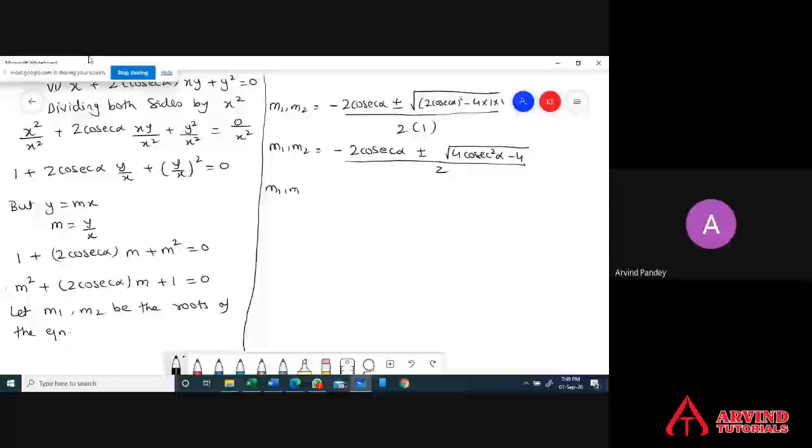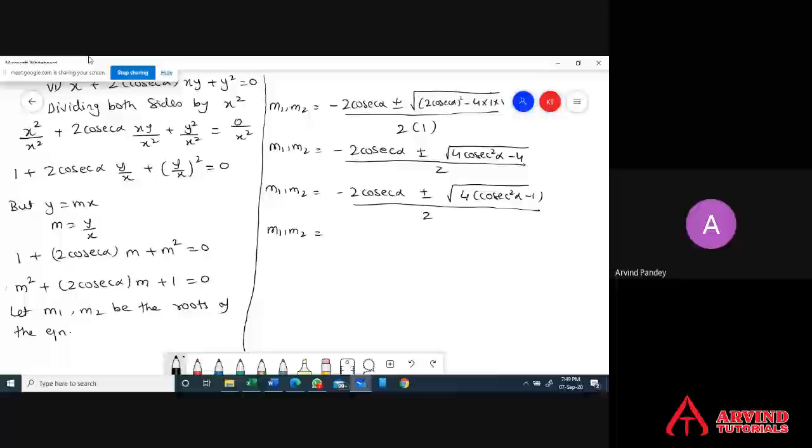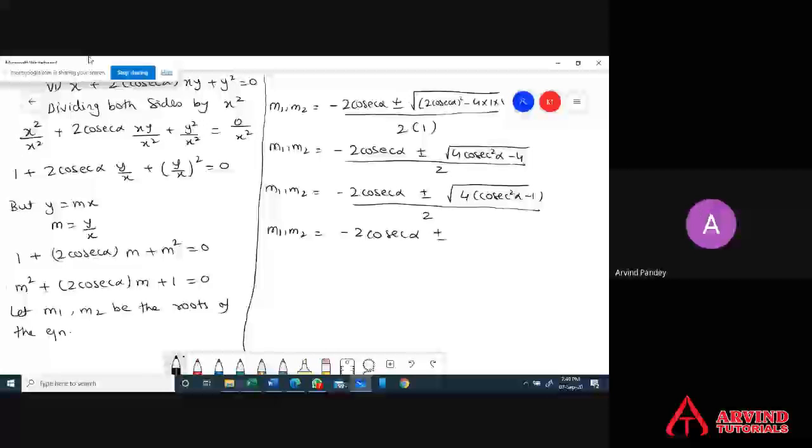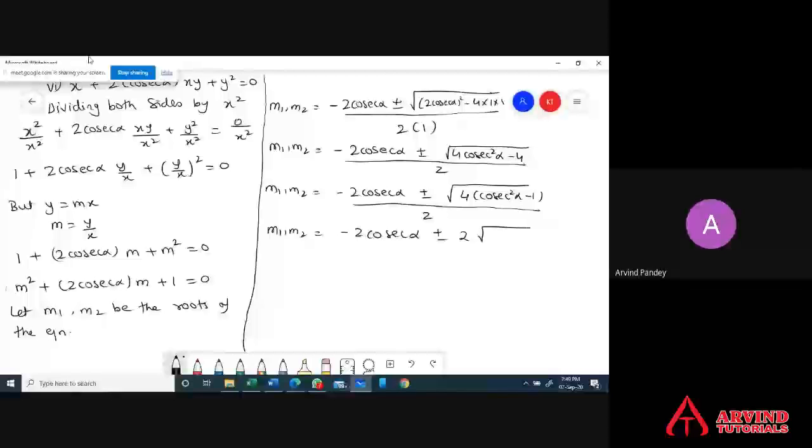So your m1, m2 is minus 2 cosec alpha plus minus, take this 4 common, cosec square alpha minus 1 upon 2. So your m1, m2 is minus 2 cosec alpha plus minus 2 root of cosec square alpha minus 1, which is cot alpha, upon 2.